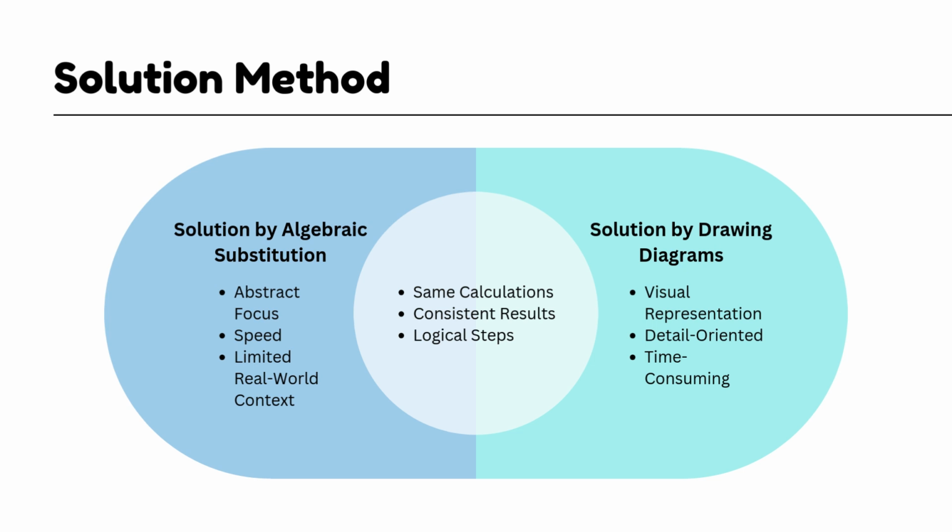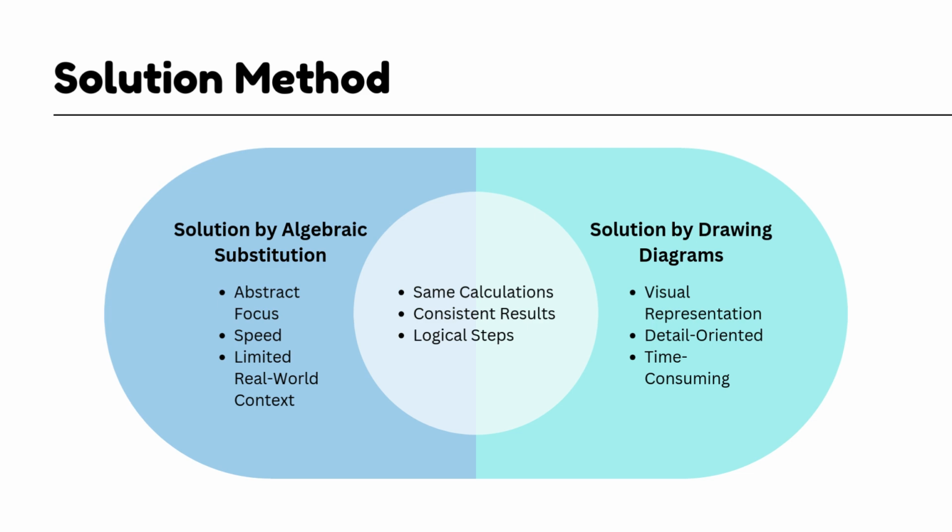First, let's look at the similarities. Both methods use the same calculation, leading to the same final answer. We can see just now, every single answer is exactly the same. And they both follow a logical step-by-step solution, making sure we clearly understand each part of the process.